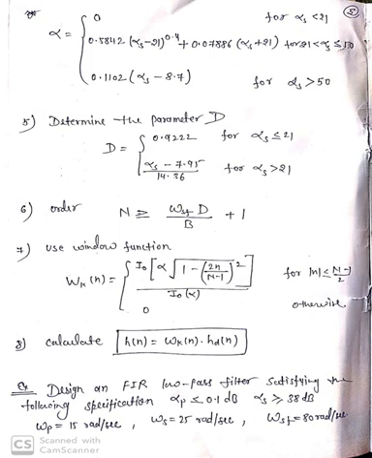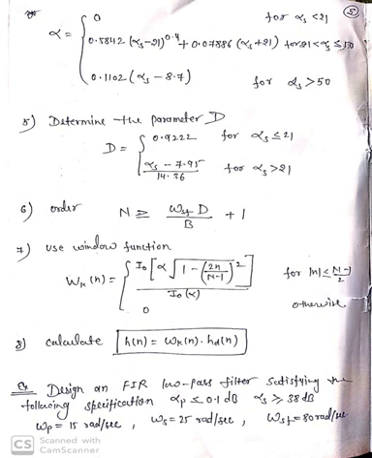After calculating alpha, we determine the parameter D. D equals 0.922 if alpha s is less than or equal to 21, or for alpha s greater than 21, (alpha s minus 7.95) divided by 14.36. And now finding the order N, which must be greater than or equal to (Ws f times D divided by B) plus 1, and use the window function w_k[n].